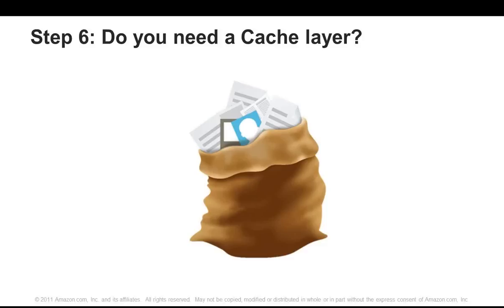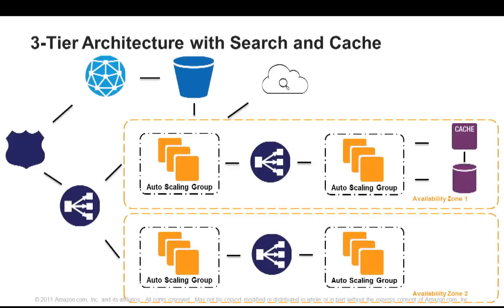And when it gets to the point where adding your own cache layer or cache cluster makes sense, we have a product called Amazon ElastiCache, and I'll show you what that looks like in the architecture. So this is the same 3-tier architecture that already had search. We just added cache, as you can see on the right-hand side of the diagram.